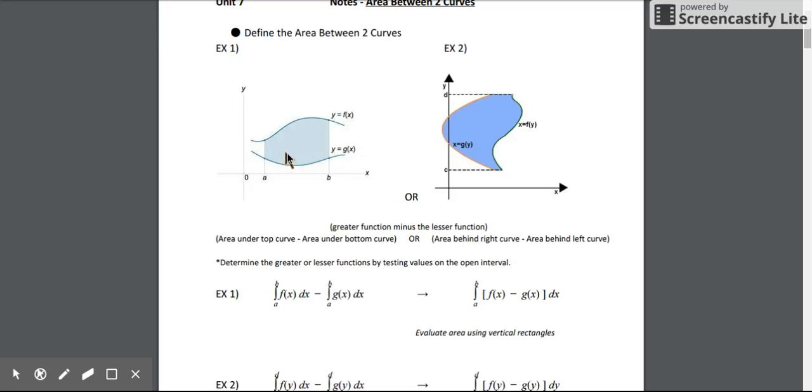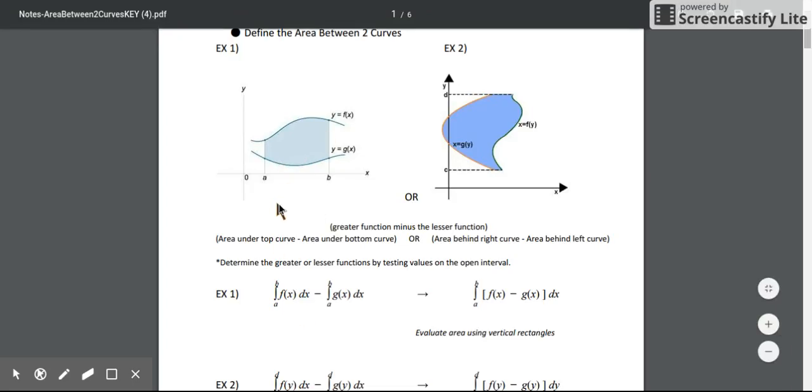So on the left example, if we find the area underneath our f function from a to b, and we find our area underneath our g function from a to b, and I subtract the area underneath our g function from the area underneath our f function, then we get the in-between area.